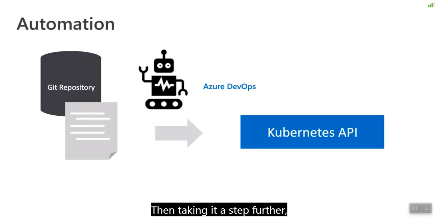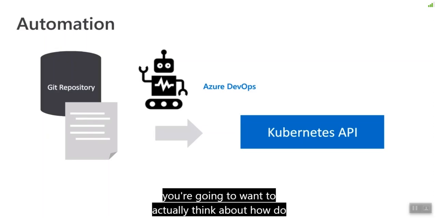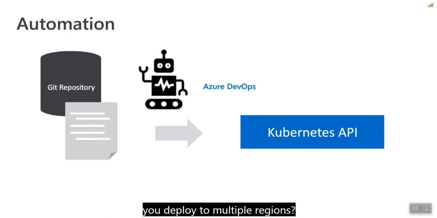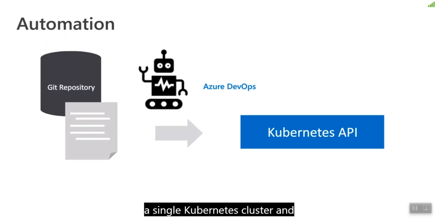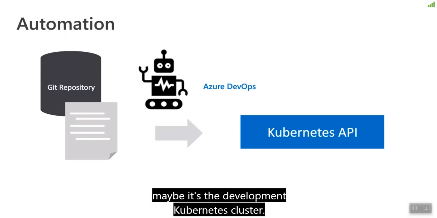And then taking it a step further, you're going to want to actually think about how you deploy to multiple regions, right? Because at this point, we've deployed our application to a single Kubernetes cluster. Maybe it's the development Kubernetes cluster, but of course, in any real application, you want to have a development cluster, a canary cluster, and a final production cluster, or maybe multiple final production clusters.